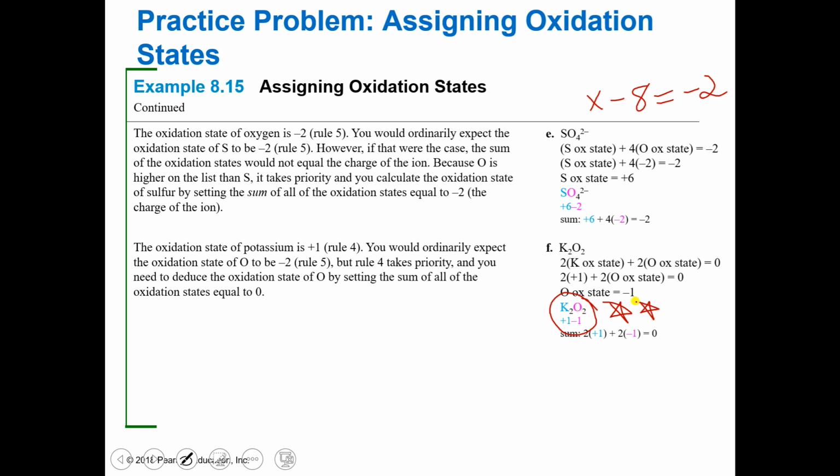In this case, because it is ionic, the positively charged potassium in the ionic compound gets priority for oxidation number, meaning potassium is +1 in and of its own right. And there are two of them. Potassium has a charge of +1, therefore an oxidation number of +1. So it must be that in this particular special case, oxygen is now 1-.